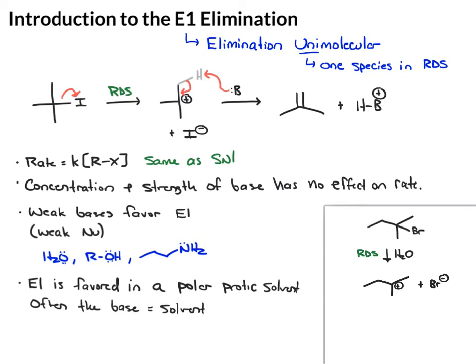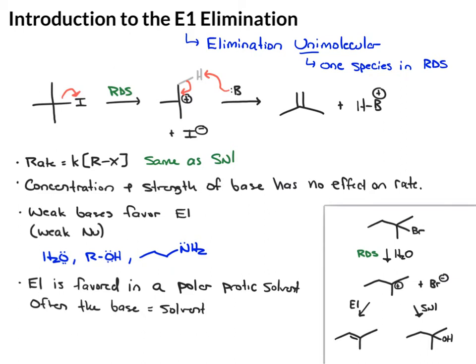So this can undergo an elimination, or it can undergo a substitution. If it undergoes substitution, we're going to end up with an OH where the carbocation is at. If we do elimination, we're going to eliminate to give the double bond right here. That'll be the most substituted double bond we can get. And we're going to look at the regioselectivity in just a bit.